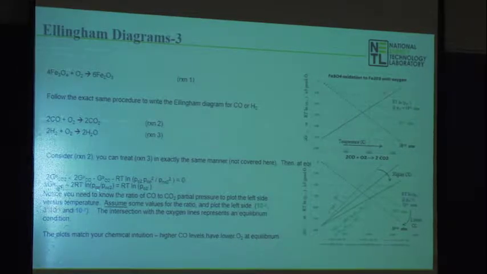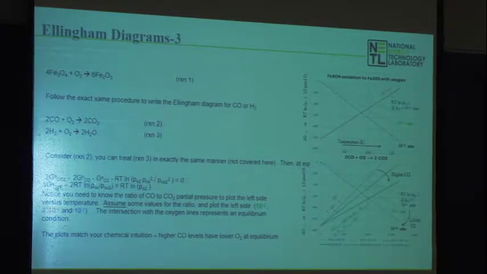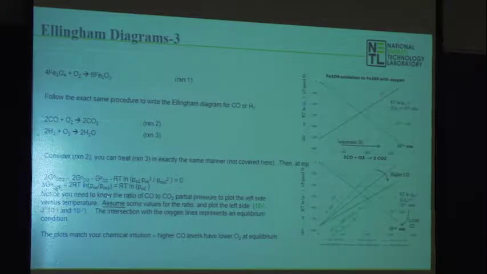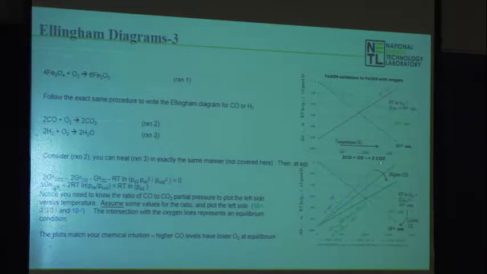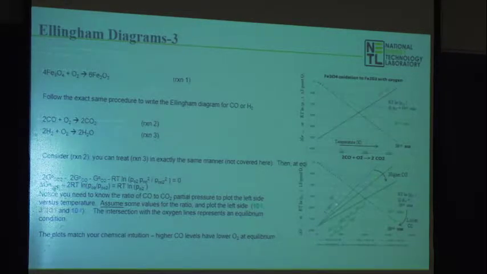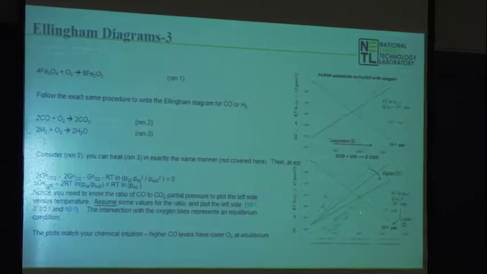So interesting, if I just assume values for this ratio of CO to CO2, again, I just assume them so I can put it on the graph, it looks like this. Here's one line right here for this expression over here. Here's another for different values of the ratio of CO to CO2.